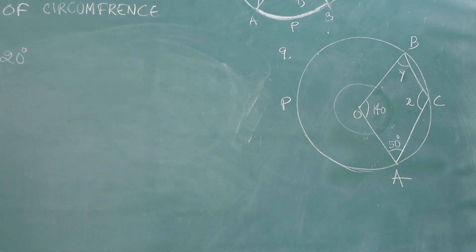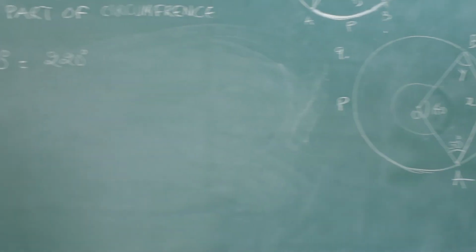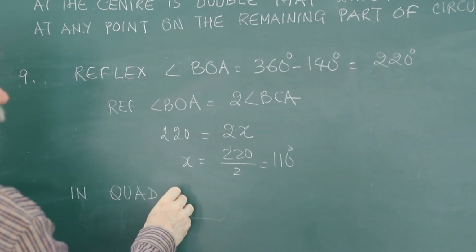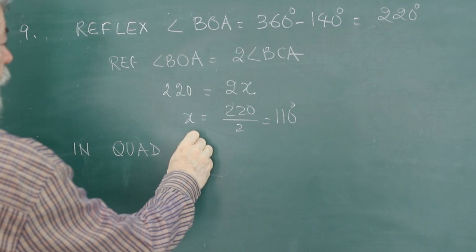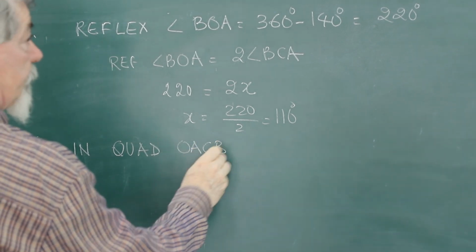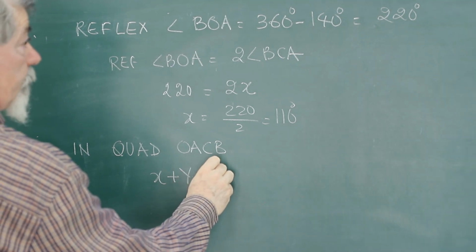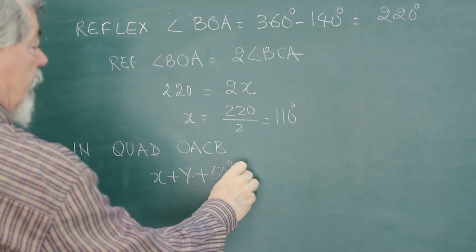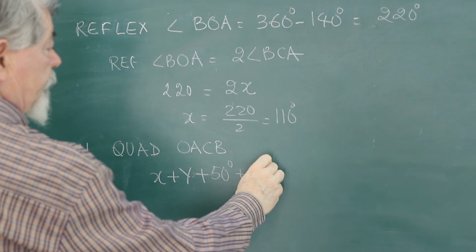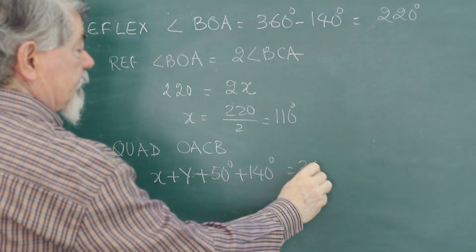So in quadrilateral OACB, x plus y plus 50 plus 140 should be equal to 360.